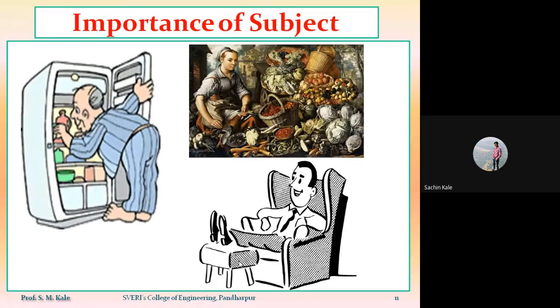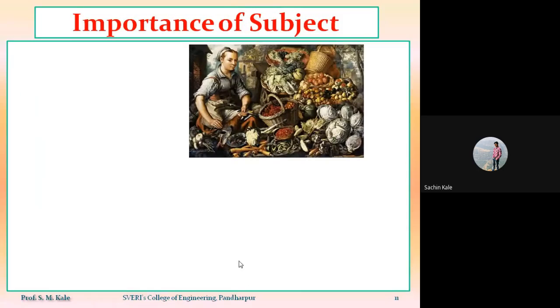What is the importance of this subject? Storage and comfort. Okay, any other? To store foodstuffs or any vegetables. Whatever this first picture you are observing, what are you observing in this picture?